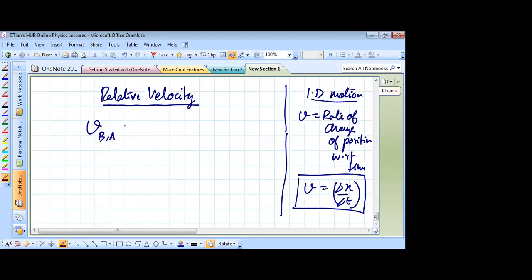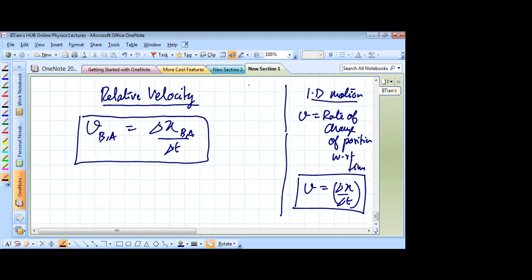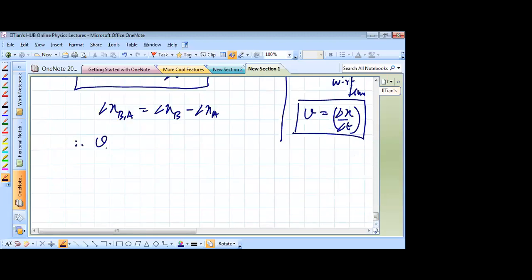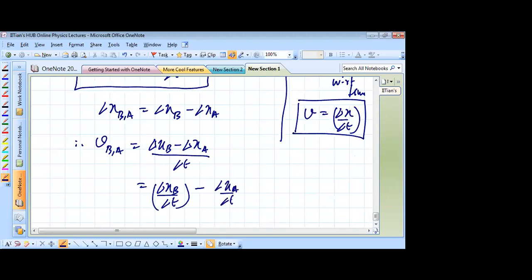Relative velocity of B with respect to A is nothing but the rate of change of B's displacement with respect to time, as seen by A. So now you bring in that same definition, that delta x of B with respect to A is nothing but delta x B minus delta x A. So velocity of B with respect to A becomes delta of xB divided by delta t minus delta of xA divided by delta t.